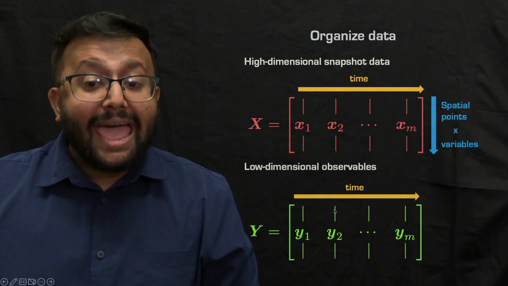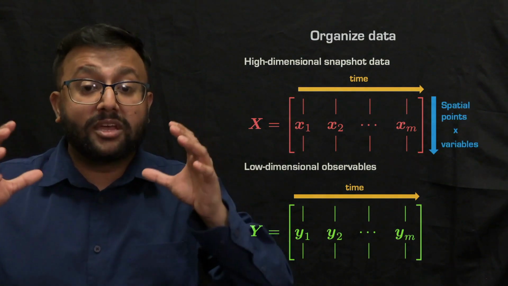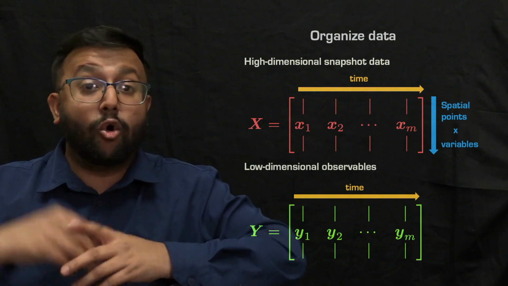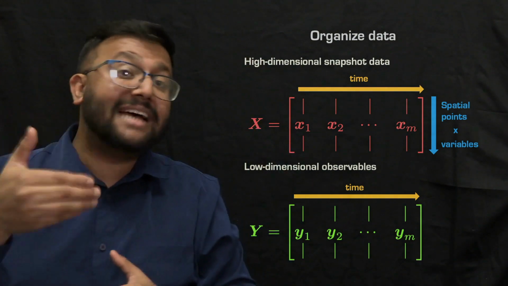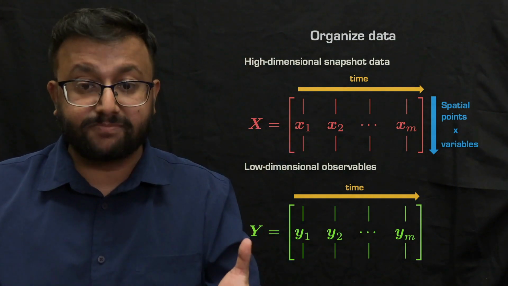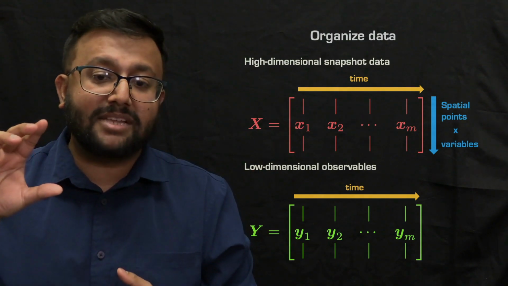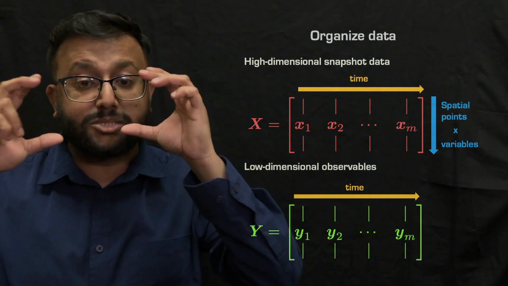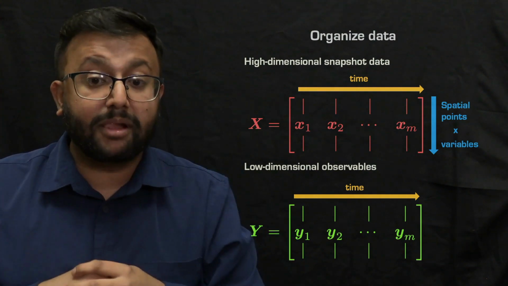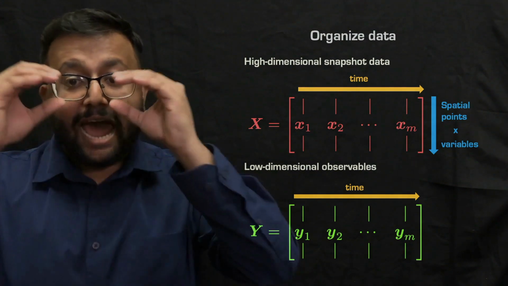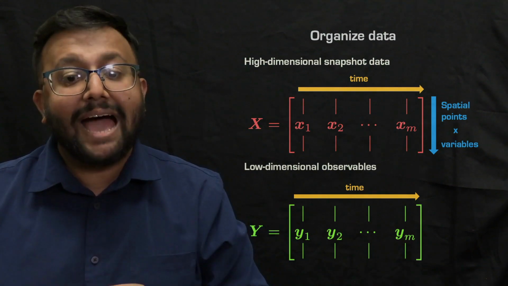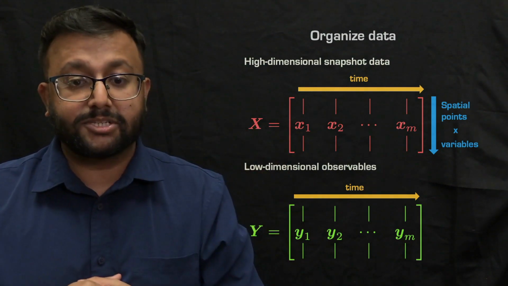Now, for X, we must organize both the high-dimensional data over the spatial points as well as the different variables that we collected over these spatial points. We are going to organize them such that all the data over the spatial points for one variable are stacked first, and then we similarly stack all the other variables.